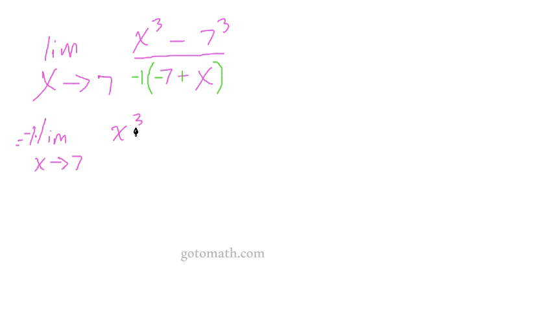So we rewrite x cubed minus 7 cubed, and I'm going to go ahead and write this as x minus 7. Okay, just reorder these terms here, and now it's more into a standard form that we're familiar with. Now what you're going to need to do is be able to factor this numerator, and rewriting the -1, we've got the limit as x approaches 7.